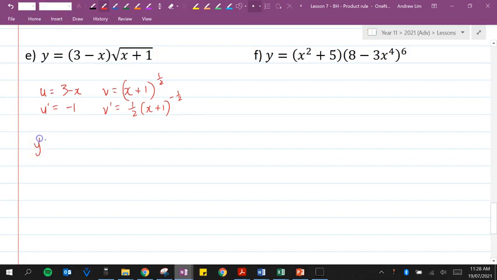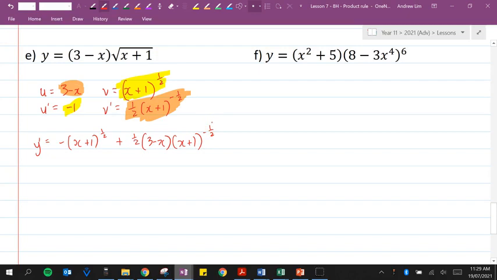So, y dash. The derivative is equal to vu dash. I'm going to multiply this one with this. Negative x plus 1 to the power of half plus uv dash, this times this, half times 3 minus x times x plus 1 to the power of negative half.